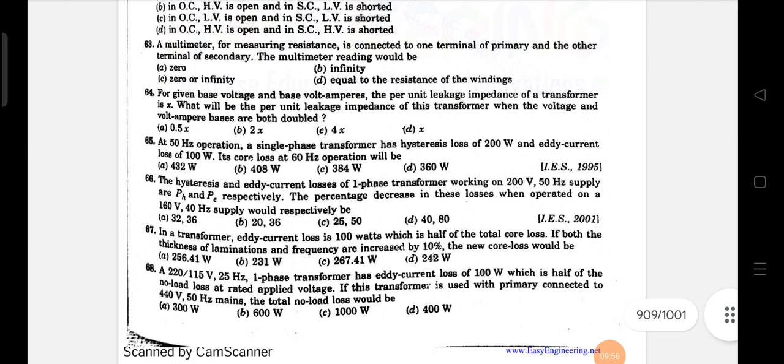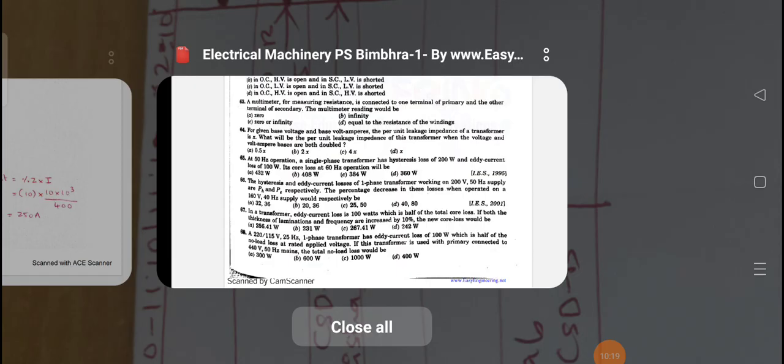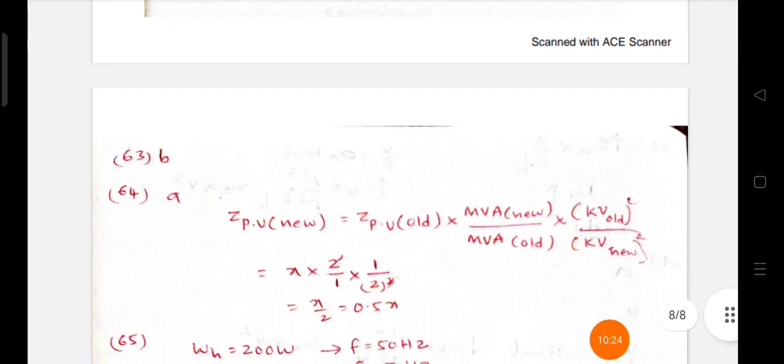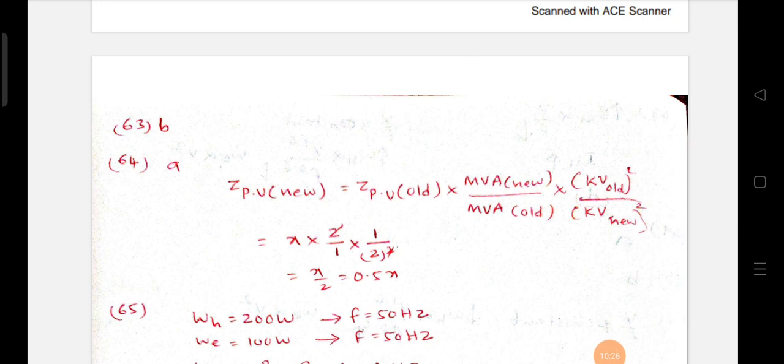Next, for a given base voltage and base volt amperes, base volt ampere is nothing but the MVA or kVA rating. The per unit leakage impedance of a transformer is X. What will be the per unit leakage impedance of the transformer when the voltage and volt ampere base are both doubled? Now see here, the formula is Z per unit new equals Z per unit old, given as X, times MVA new by MVA old, times kV old square divided by kV new square.